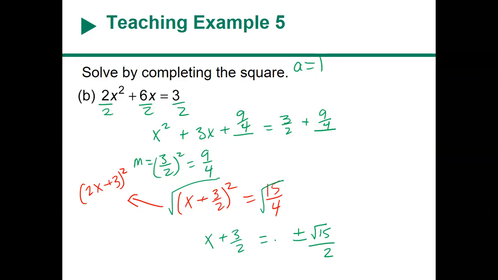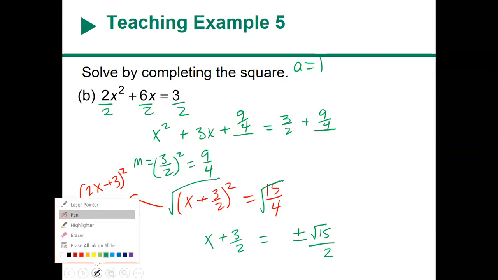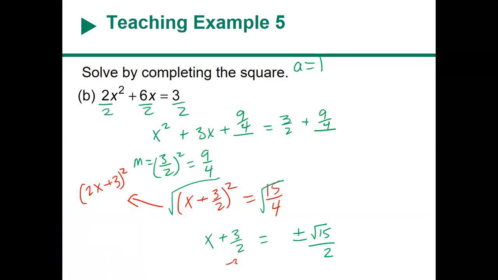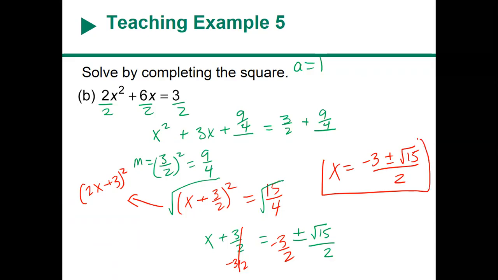And then lastly, I'm going to have to subtract the 3 halves. So minus 3/2. And I can reduce this down to one fraction. So therefore, x equals negative 3 plus or minus the square root of 15 all over 2.